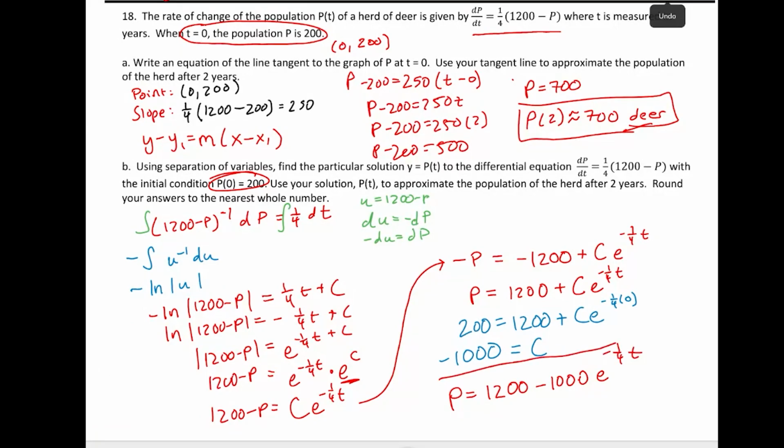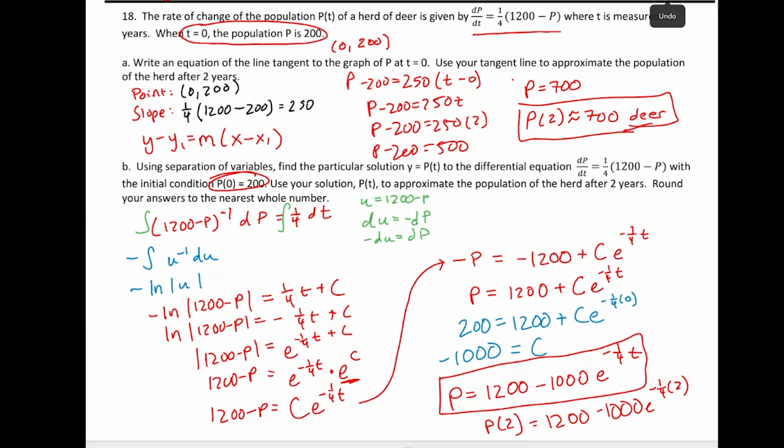Okay, so that is my particular solution, but then it says use the solution to approximate the population of the herd after 2 years. Y'all, this is not going to be a calculator test, so this is not something I'm going to ask you to do. But if you were, on a calculator test, asked to find p of 2, so the population after 2 years, you just throw in 2 for t and put this whole thing in your calculator and just calculate it from there.